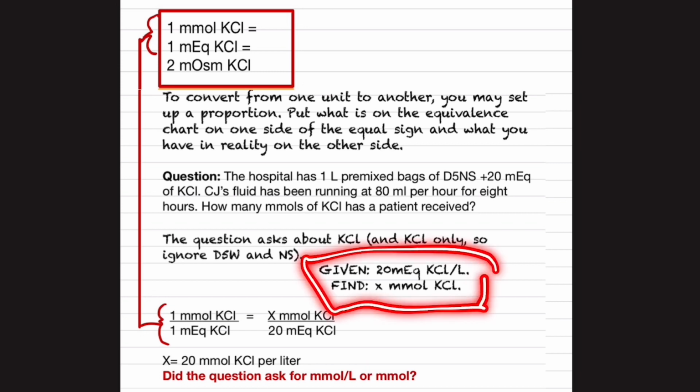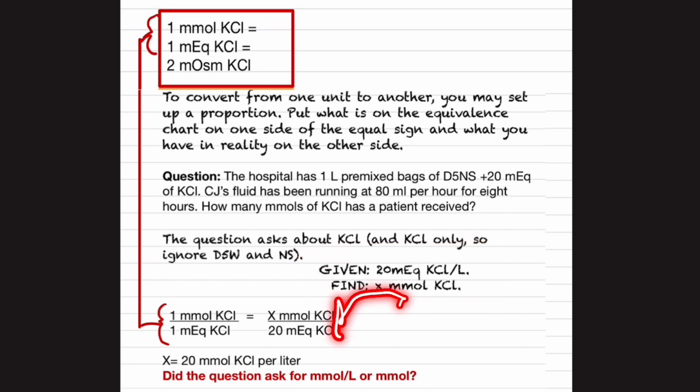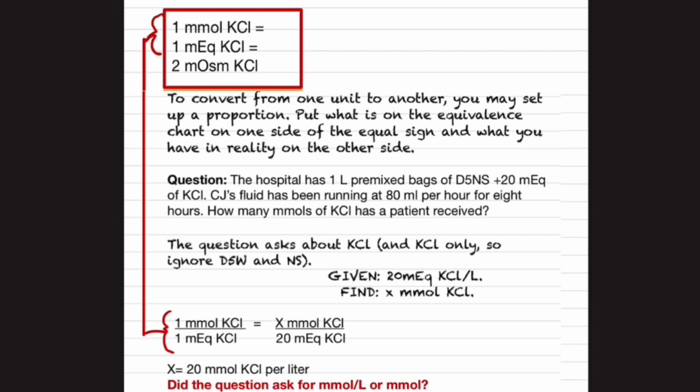So this is what we would consider reality, and I'm putting that on one side of the equal sign, and this 1 millimole potassium chloride and 1 milliequivalent on the other side of the equal sign. So I will cross multiply and divide and find that 20 milliequivalents potassium chloride is actually equal to 20 millimoles of potassium chloride. Remember that all of this was talking about 1 liter.